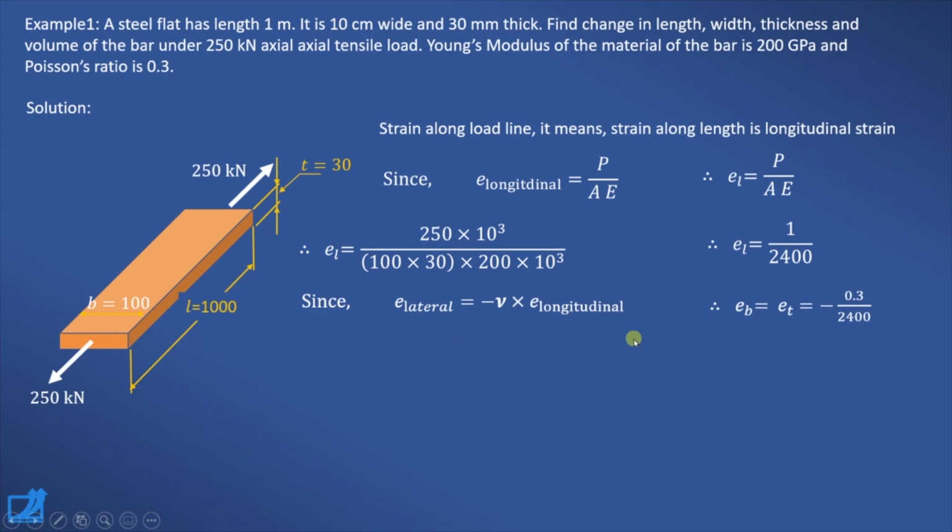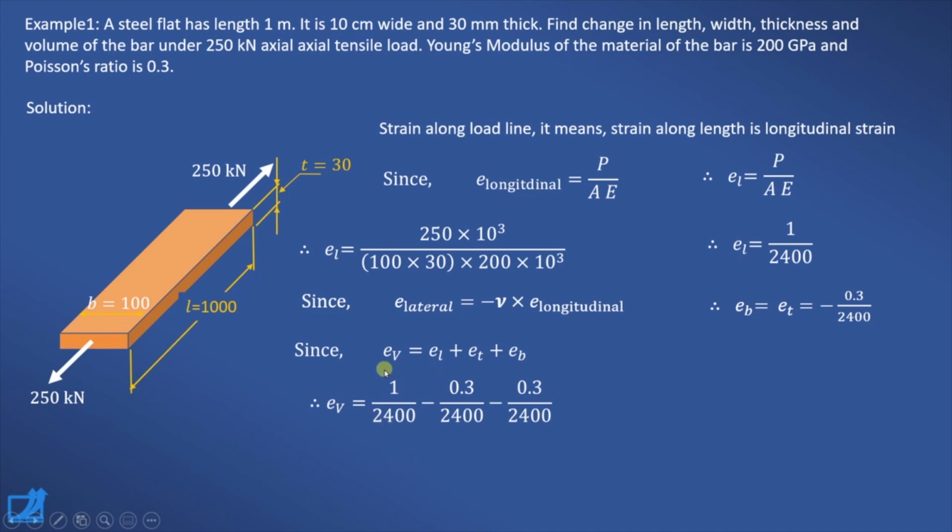That is lateral strain. So lateral strain, that means strain in width and strain in thickness, is minus 0.3 times 1 by 2400. So just multiply longitudinal strain by Poisson's ratio and you get lateral strain. Now volumetric strain is strain in length plus strain in thickness plus strain in width. Now substitute the values. So we have found out volumetric strain also, correct?